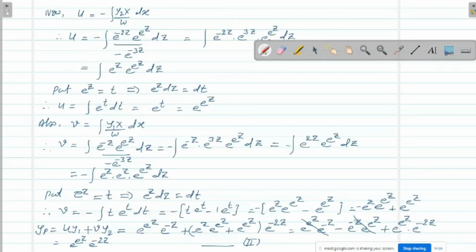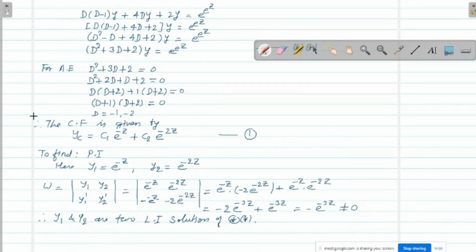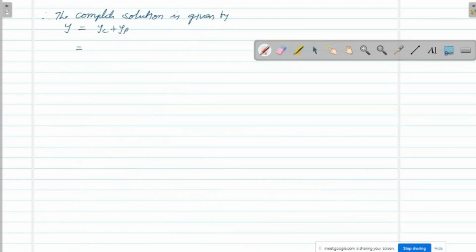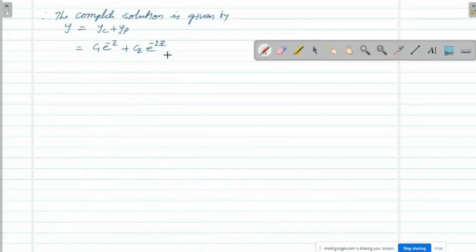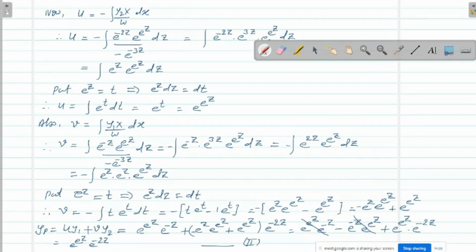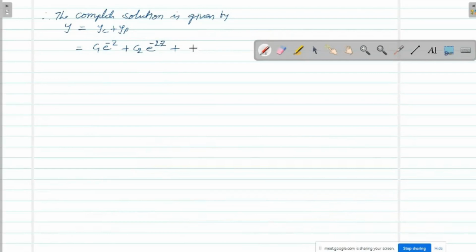So yc, we found yc is c1 e raised to minus z, and plus c2 e raised to how much, minus 2z. Yes. And plus we found the particular integral. What is the particular integral? e raised to z into e raised to minus 2z. Okay, now you have to replace.